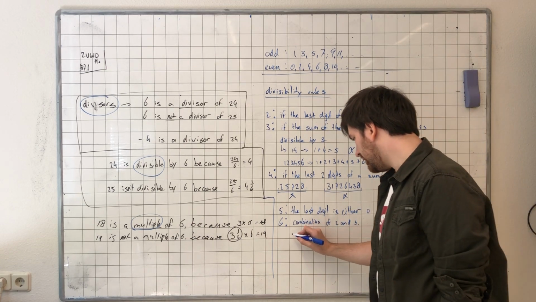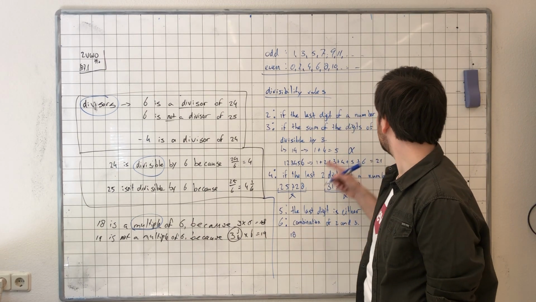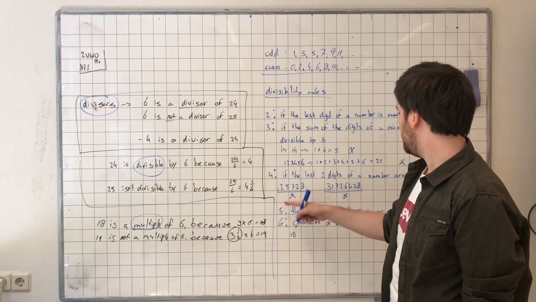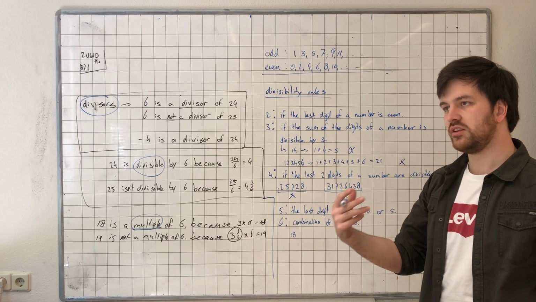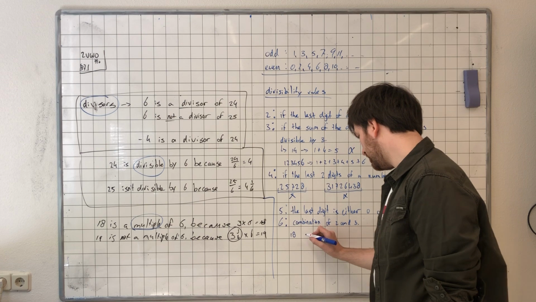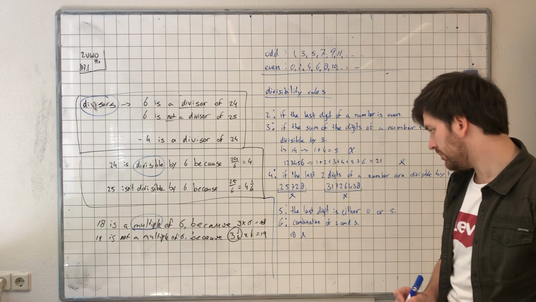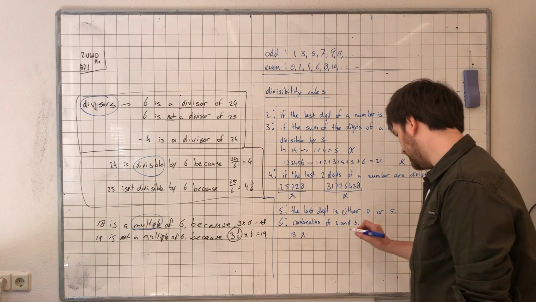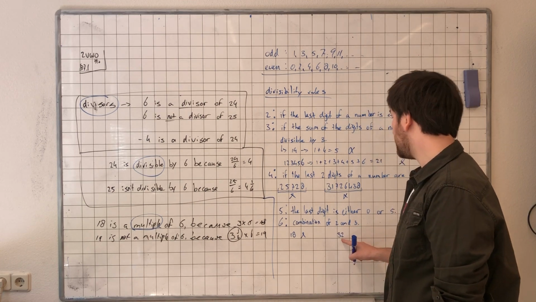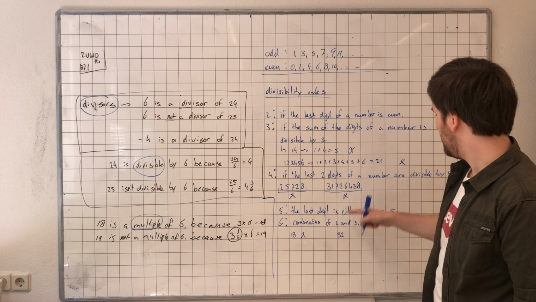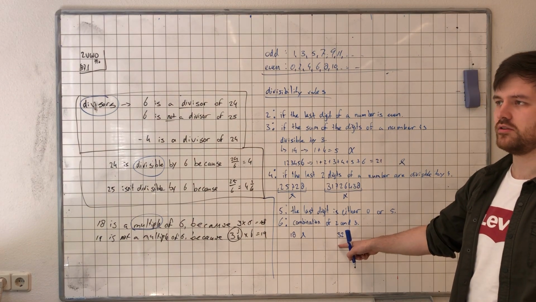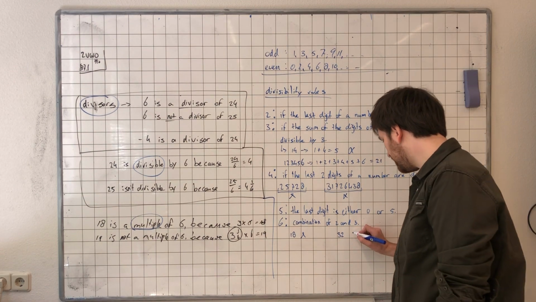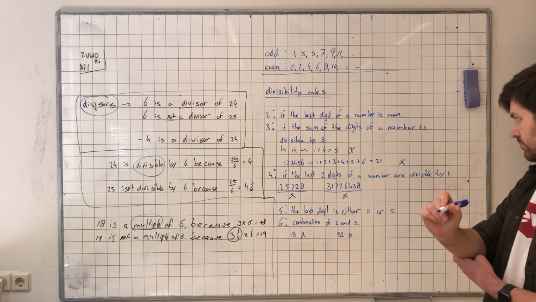So for example, 18: the last number is even, and the sum of these digits, 1 plus 8 is 9, is divisible by 3, so this is divisible by 6. If you look at, let's say, 32, the last number is even, but 3 plus 2 is 5, 5 is not divisible by 3, so it's not possible.